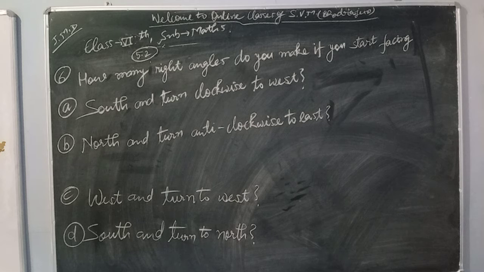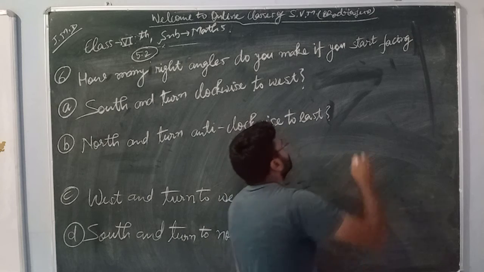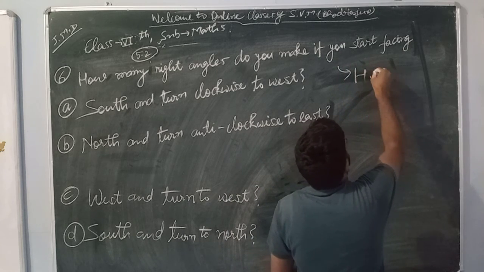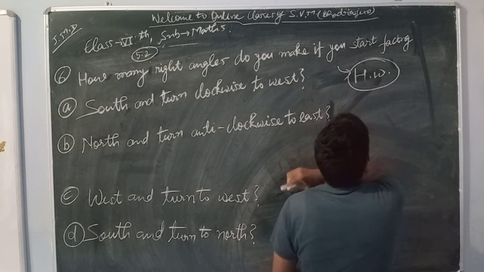Number 6 is how many right angles do you make if you start facing south and turn clockwise to west? Okay. Actually, I have solved a number of questions of facing this side or facing that side, so this question I am giving you as homework.